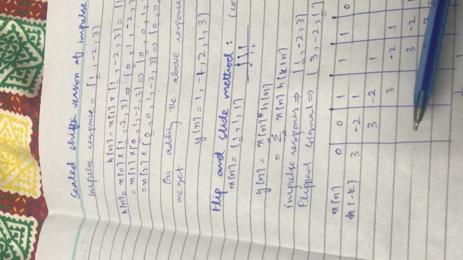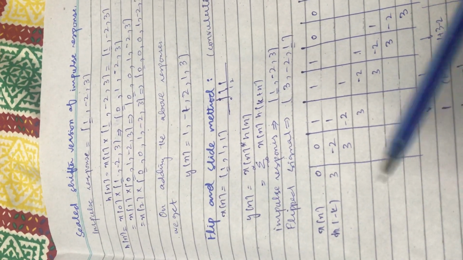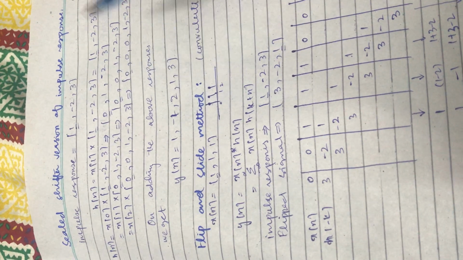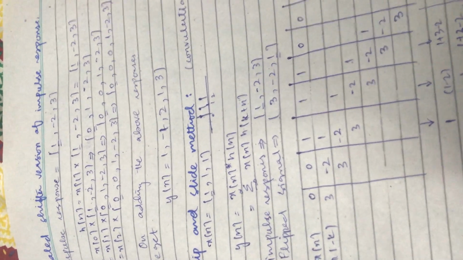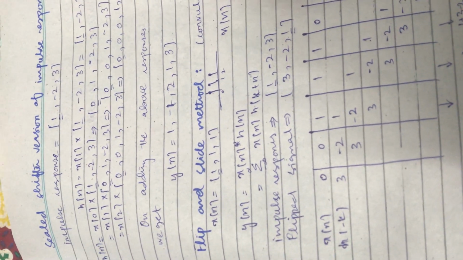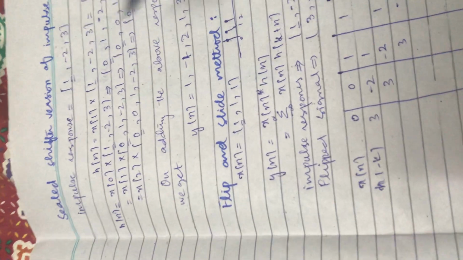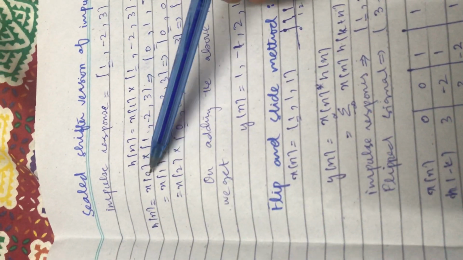This is the first method, the scaled shifted version of the impulse response. In this we are applying the formula of convolution, which is x of n convolved with h of n. H of n is the impulse response, and x of n means x of 0, 1 and 2.